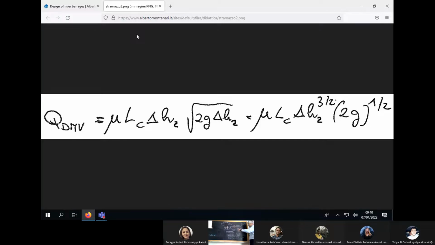And this is the condition that I impose to estimate delta H1. And how is this condition imposed? Very simply, by computing with the same relationship the flow through the diversion spillway. But of course, now I have to use as known flow QP, and as unknown difference in elevation delta H1. What I obtain is this.